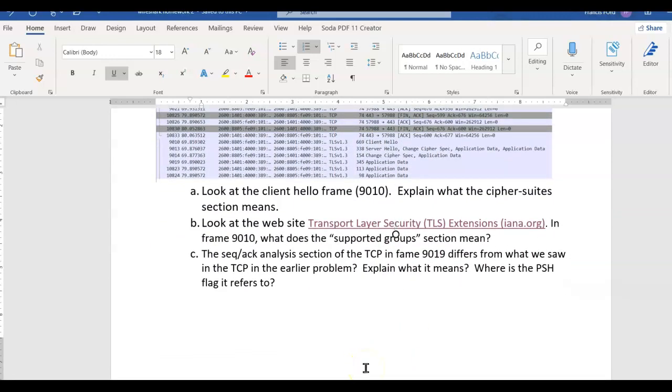I'll let you go look for them. But there's lots of pieces of it that are very amazing, really. I think the most amazing thing is that all of this goes on when you just request a page in the browser. You don't have to do all this stuff in the back.